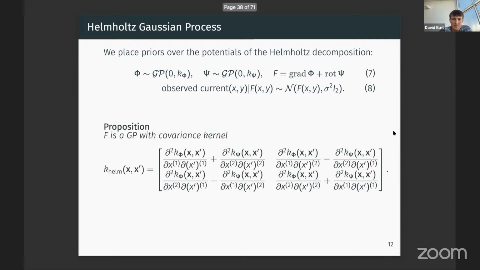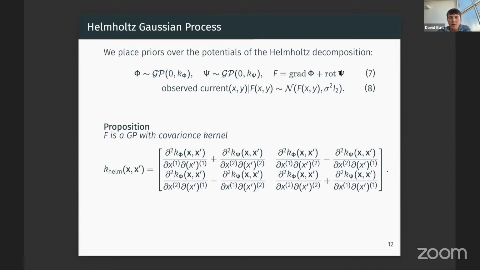Because if we place Gaussian process priors over these phi and psi, and because we're just applying linear operators to them, and Gaussianity is preserved under linear operations, we get that this latent function f is also a Gaussian process, and we can compute its covariance kernel.